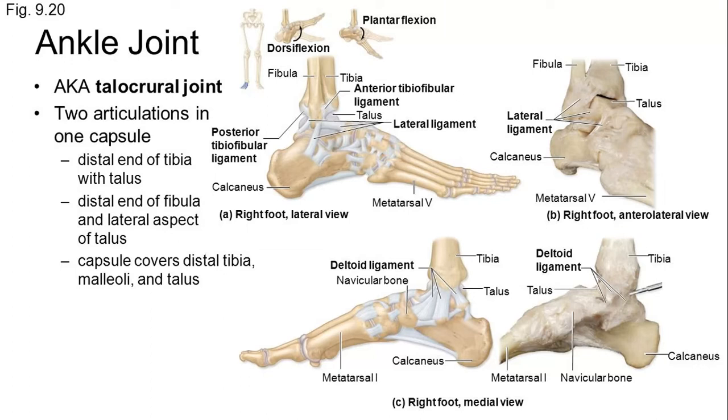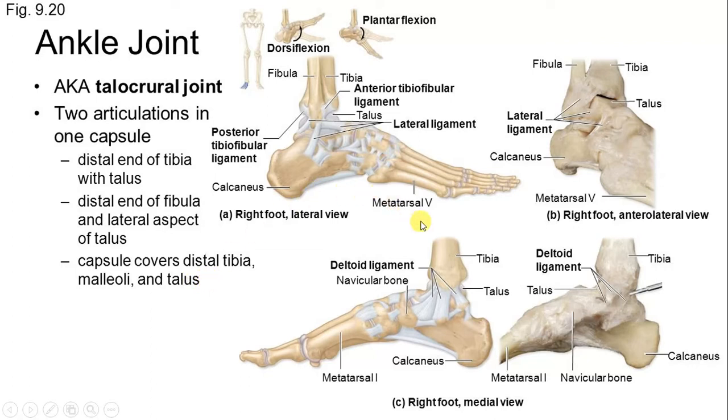So we want to know the ligaments, and in synovial joints the very important ligament is the capsule of the joint. Here is a true articulation in one capsule. The distal end of the tibia with the talus, the distal end of the fibula and the lateral aspect of the talus, and the capsule covers the distal tibia, malleoli and talus.